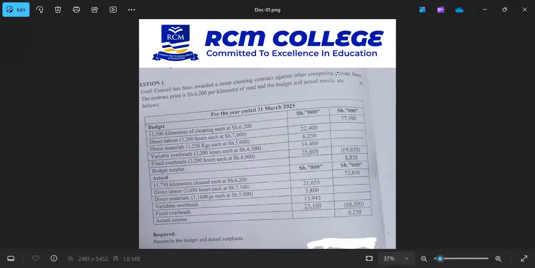So they want us to reconcile the budget surplus, 88 what? 50, vis-a-vis the actual surpluses. Basically, they want you to get all the types of variances: material price variance, material usage variance, labor rate variance, labor efficiency, then variable overheads, fixed overheads, and sales variances. And then you do that table that I've shown you how to do.